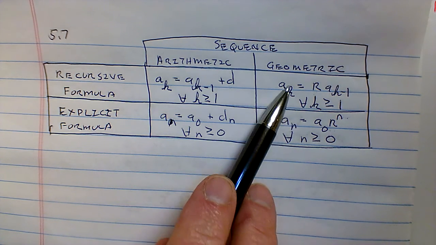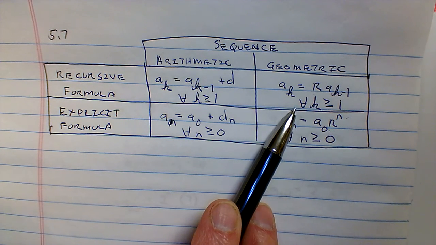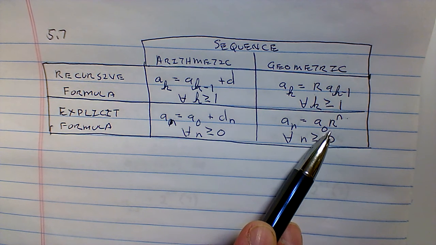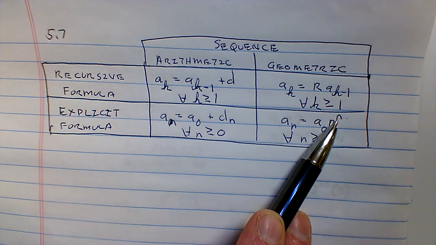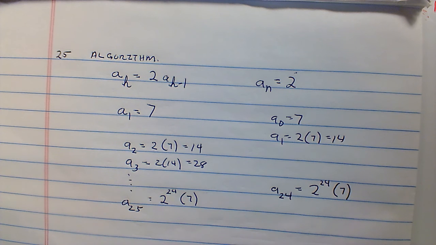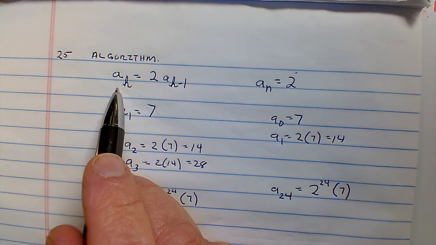It's expressed recursively this way, where we multiply by 2 each time, and it's expressed this way, where we take our multiplier to a particular power to figure out the explicit formula, such as for the 25th time. So here is our recursive formula.